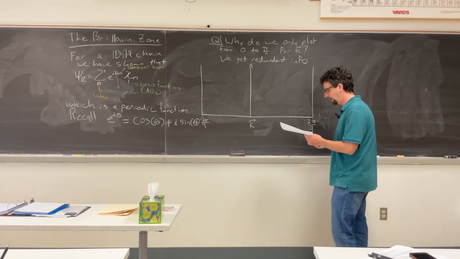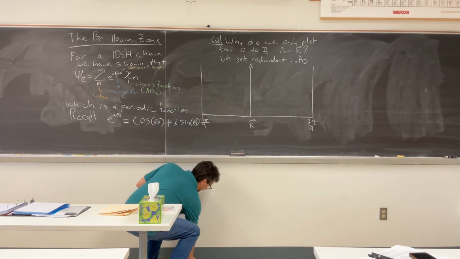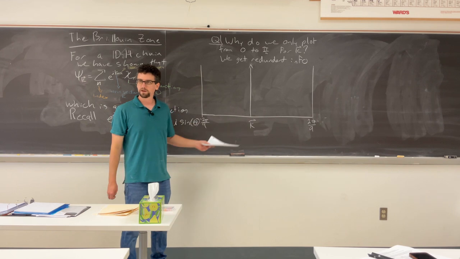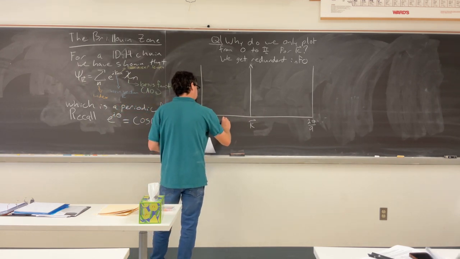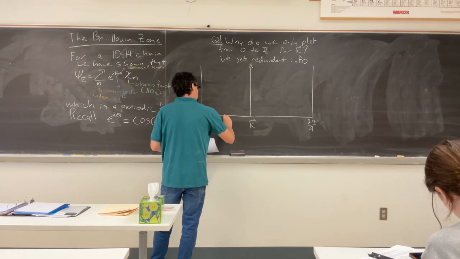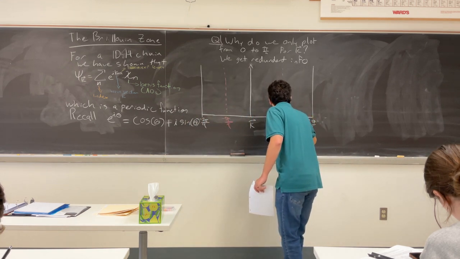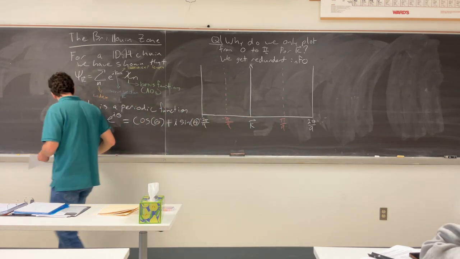If I cut in the dead center of these areas, what will be my value? Yep. So we get -π/a along here. Here we get π/a. Okay. Now let's plot this function.